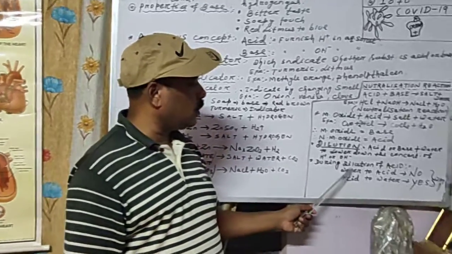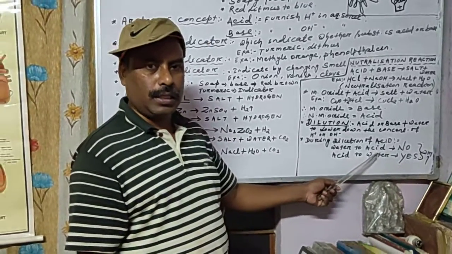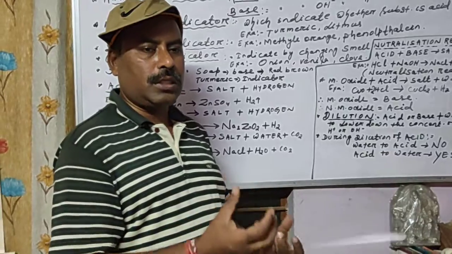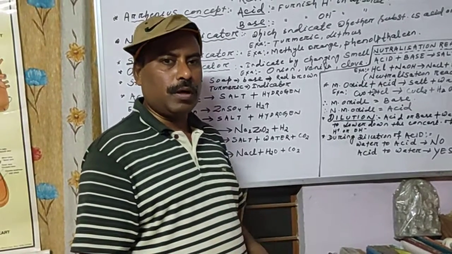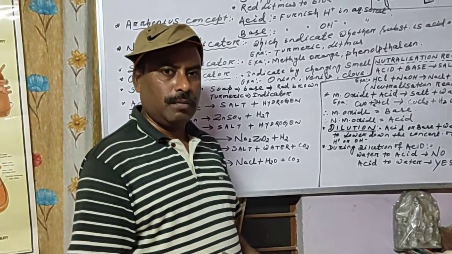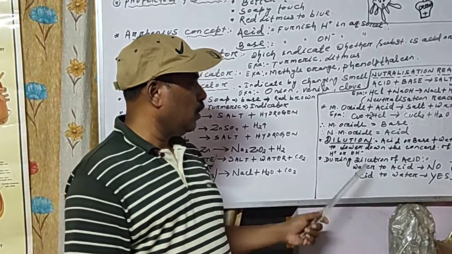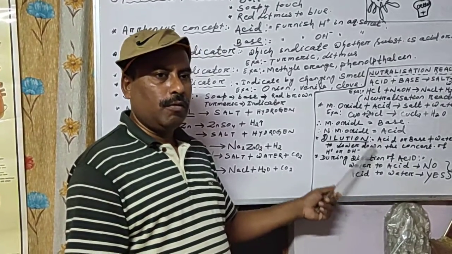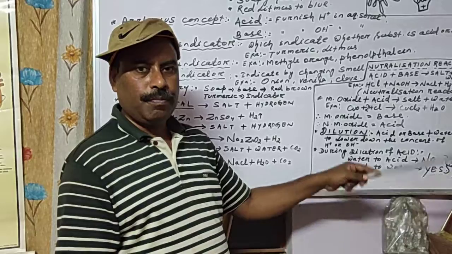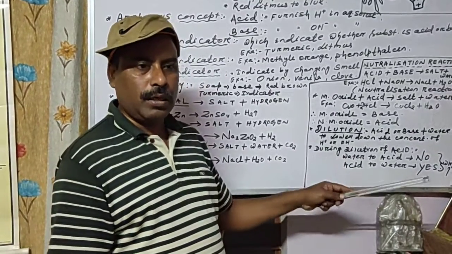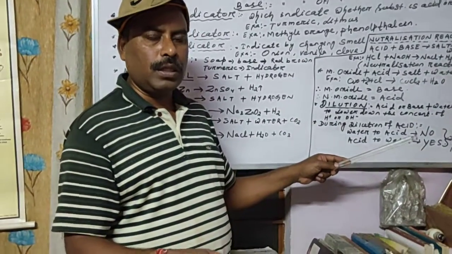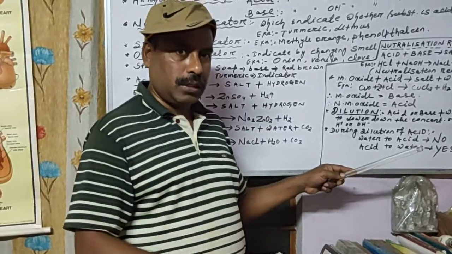Or due to the sudden rise of temperature, the test tube or the jar may break and we may get harmed. That's why during dilution of acid, water is not added to acid, but acid is added to water, slowly and with continuous stirring.